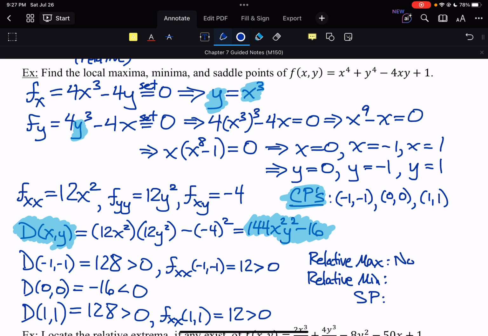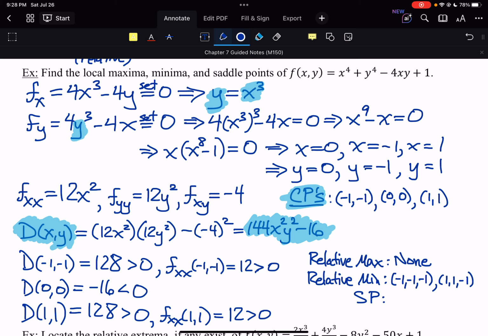So relative max, we have none. Relative min, -1, -1. If you plug that back in here, you get 1, 2, minus 4 is -2, plus 1 is -1. So we get -1, -1, -1, and 1, 1, -1.